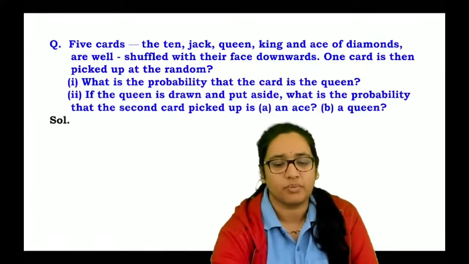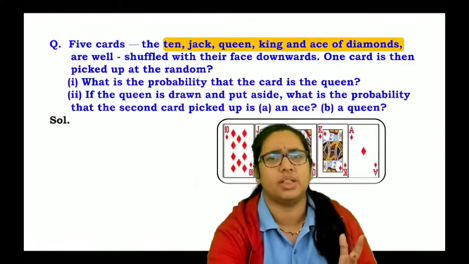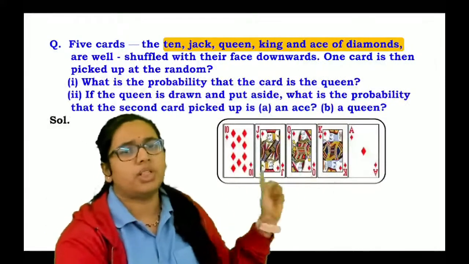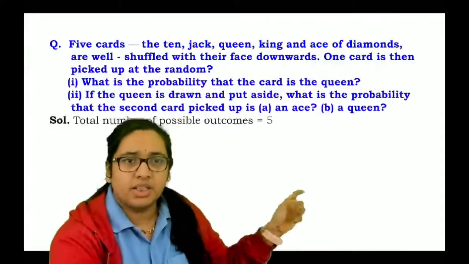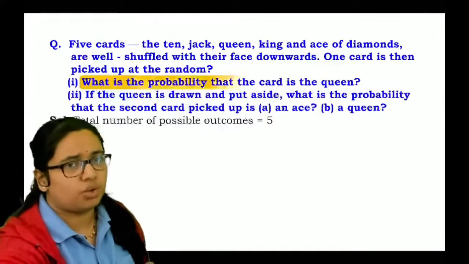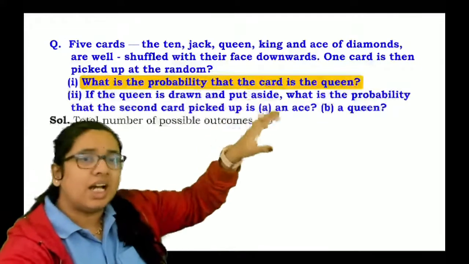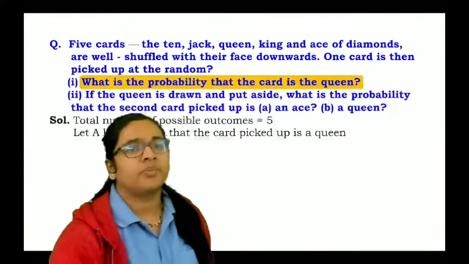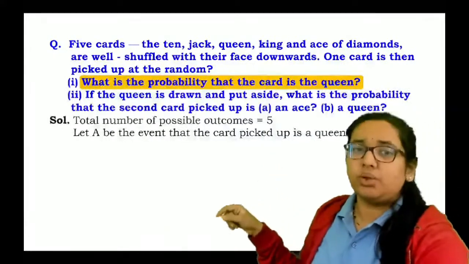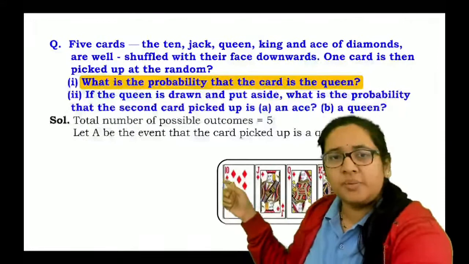See, as here we have 5 cards, 10, Jack, Queen, King, Ace of Diamonds, there will be a total of 5 cards. So the total number of possible outcomes will be 5 here. Now the probability that the card is the queen. Let A be the event that the card picked up is a queen. So how many outcomes are there?